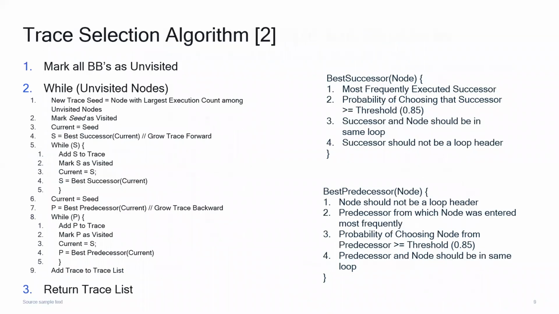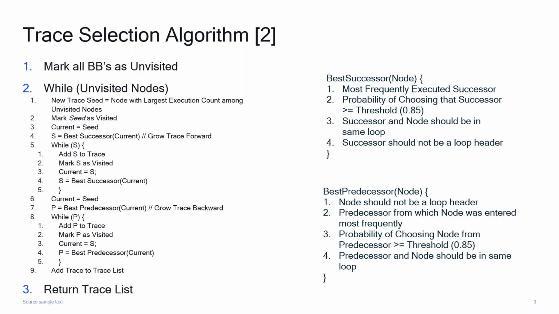Okay, I won't go into the details of the trace selection algorithm, because it's a very simple, work list based algorithm. Essentially, we start with a node with a very high execution frequency, and then try to build the trace forward.